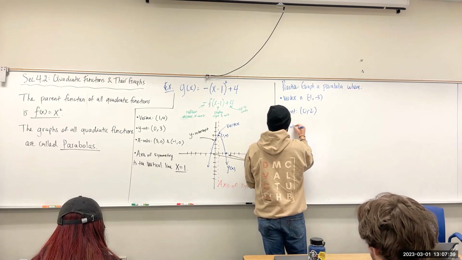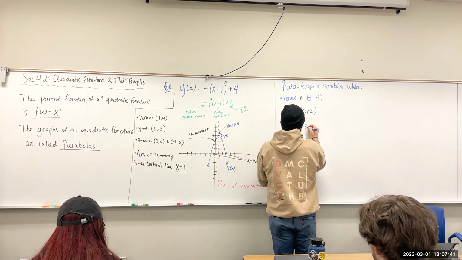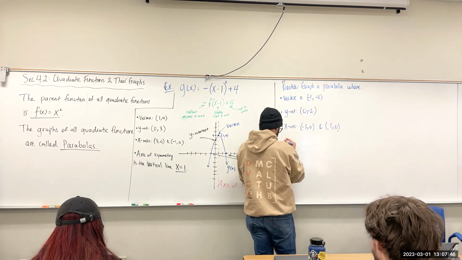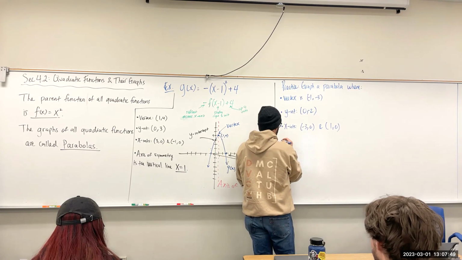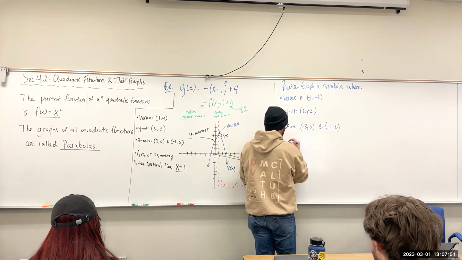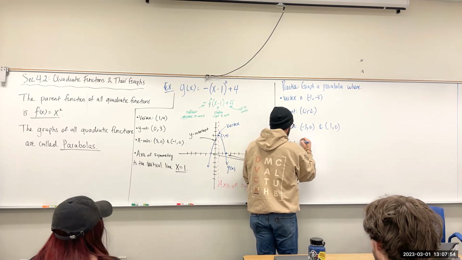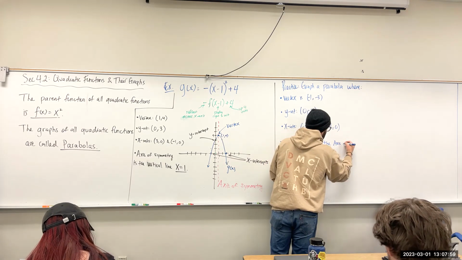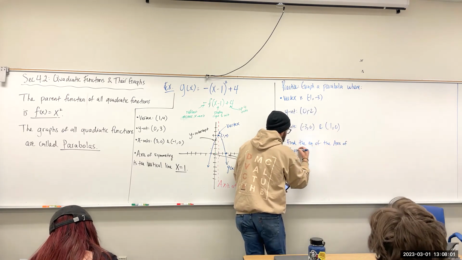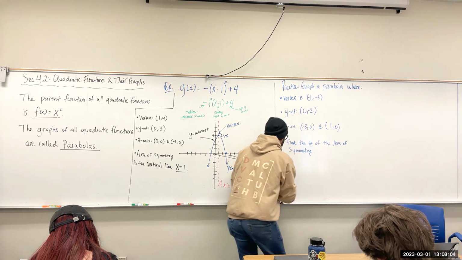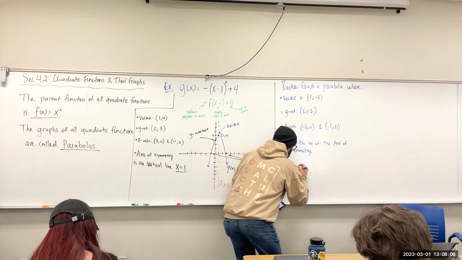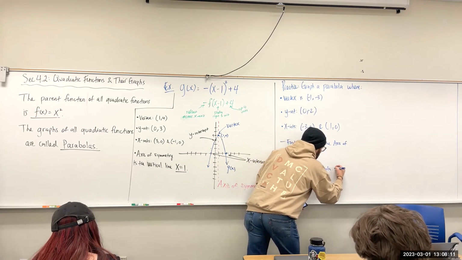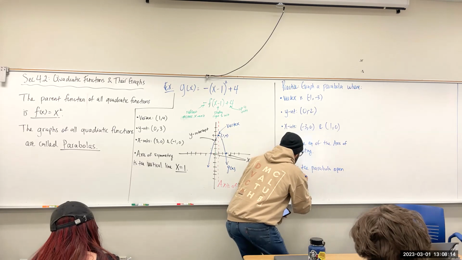It has x-intercepts at (-3, 0) and (1, 0). And then two questions. What I want you to do is find the equation of the axis of symmetry. And then, does the parabola open up or down?